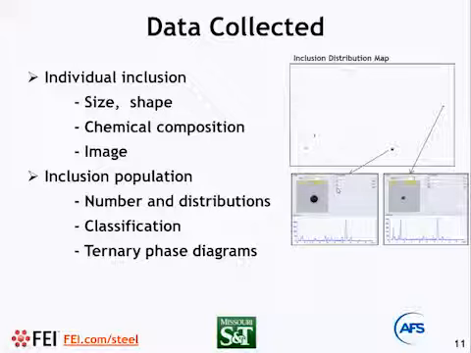And a lot more information can be seen in the full spreadsheet as the system generates. Okay, and based on the large data set, we can do statistical analysis. For example, the statistical distribution of the size, the chemical composition, and we also use the ternary diagram to show the composition distribution, as you can see on the next slide.